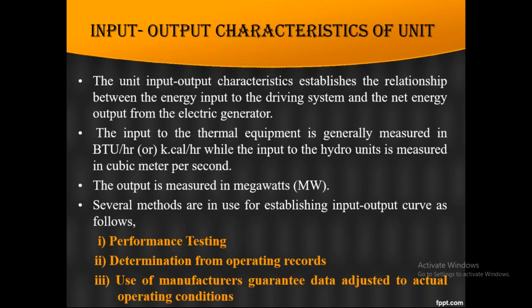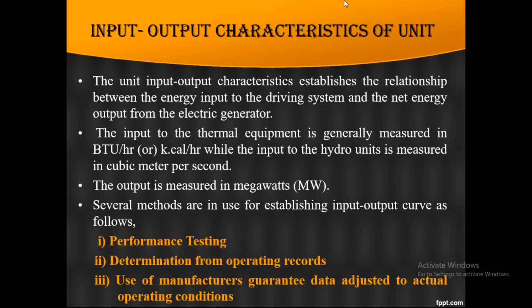Let me take the hydro power plant. The input energy is the flow of water to the turbine, and the output is electricity. But in the case of a thermal power plant, the input is heat energy. The steam enters the turbine, and based on that, it gives mechanical energy to the generator. Then it generates the electricity.